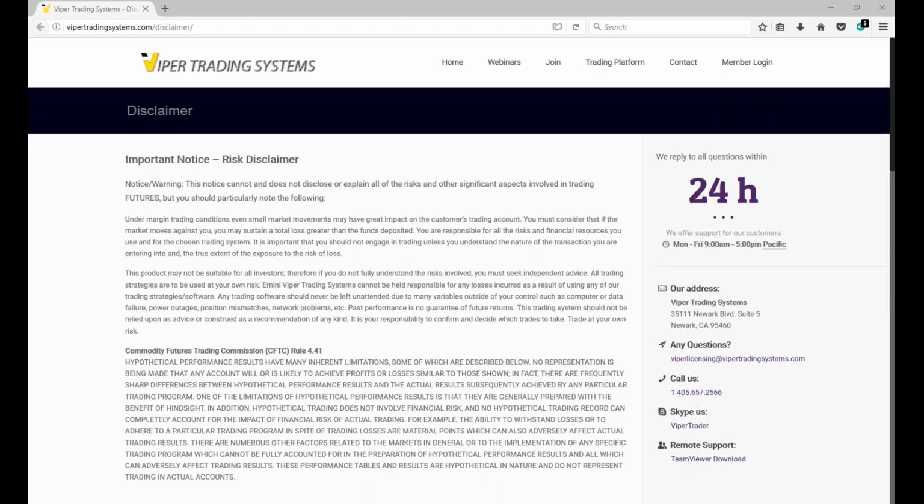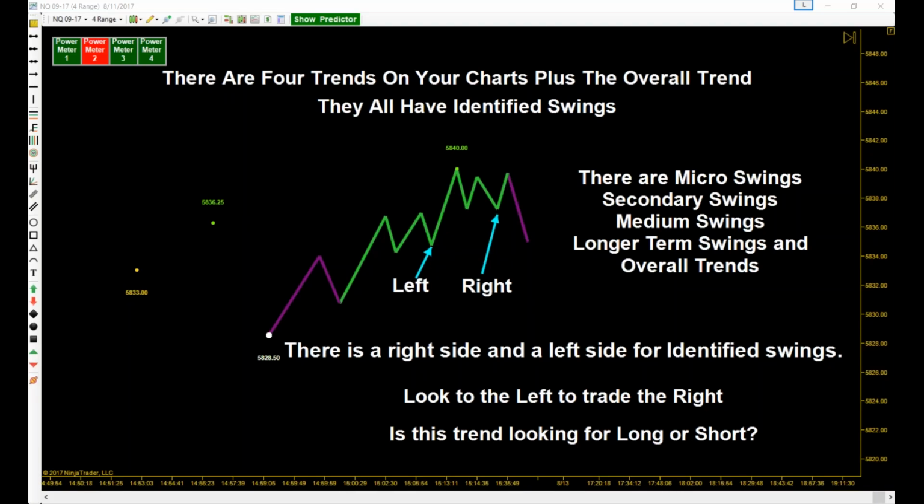Let's go ahead and, without further ado, I will get to some charts. I went ahead and marked up this chart, but as you know, I use real charts. Does everybody know, for instance, there are 4 trends on your charts plus the overall trend?